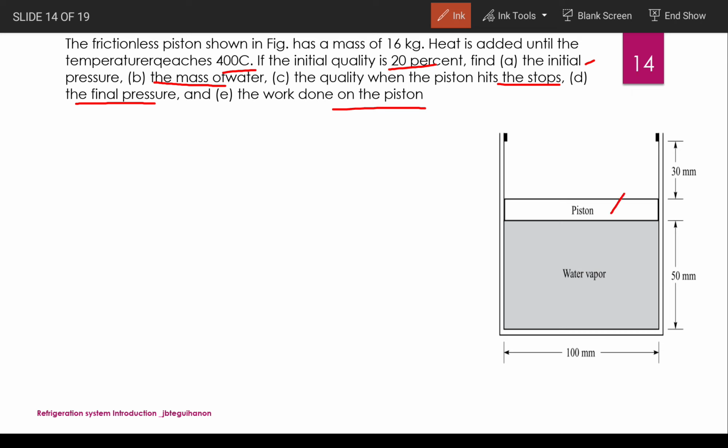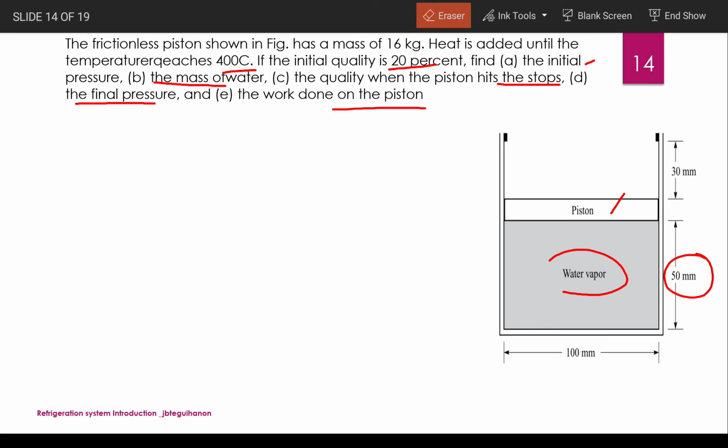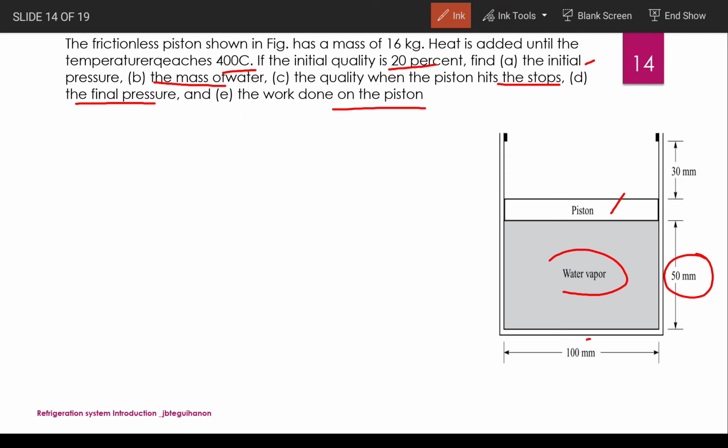Under the piston you have water, and the diameter of the cylinder is this one, and the height is this one. You will add heat at the bottom of your cylinder. So the fire or heat is added here. That's the setup or the scenario.